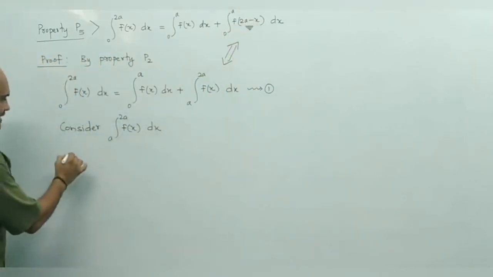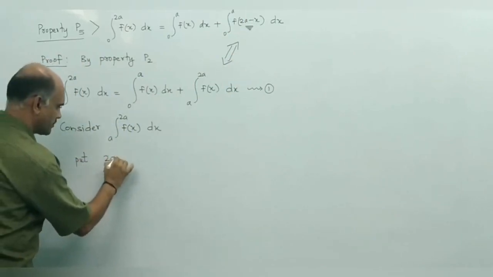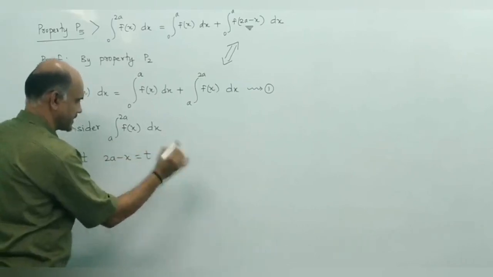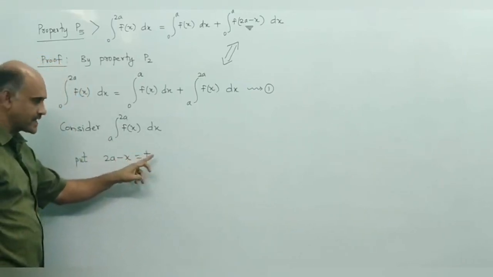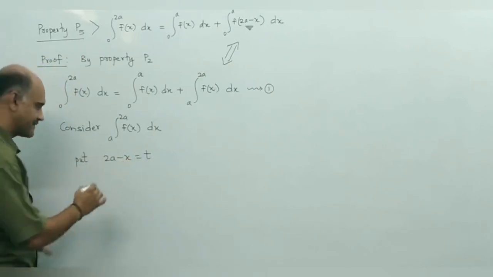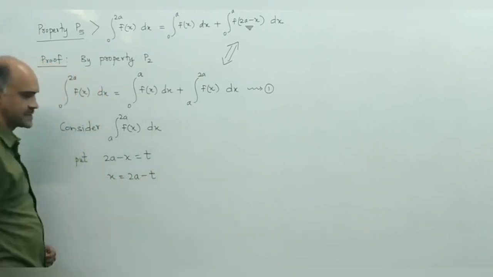So here I will take, put 2a minus x is equal to t. If I take x to the RHS and t to the LHS, I will have x is equal to 2a minus t.